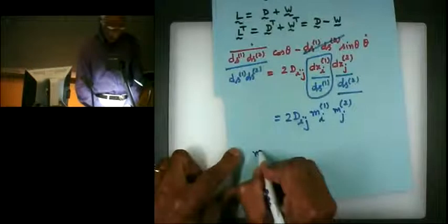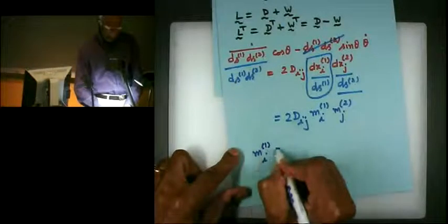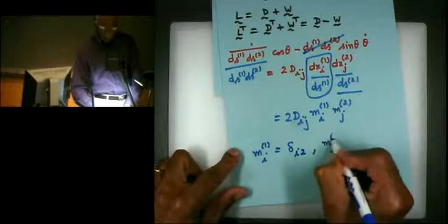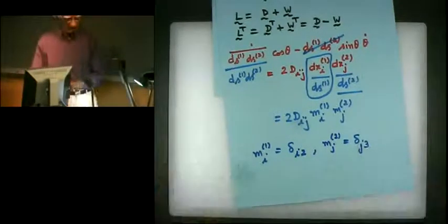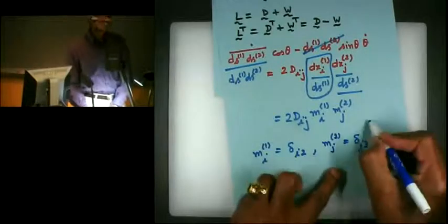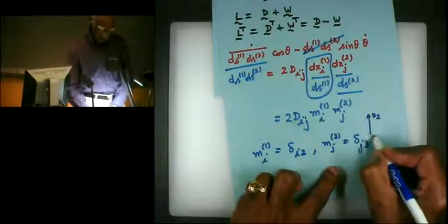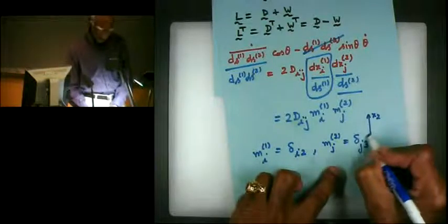So let's take Mi1 equal to delta i2, Mj2 equal to delta j3. So what we are doing is taking one vector parallel to the x2 axis in the present configuration, and the other vector parallel to the x3 axis.